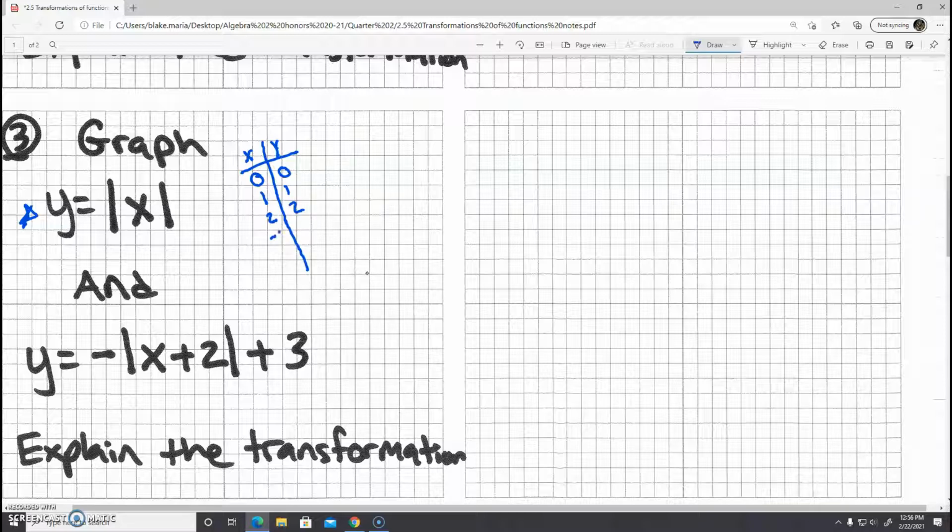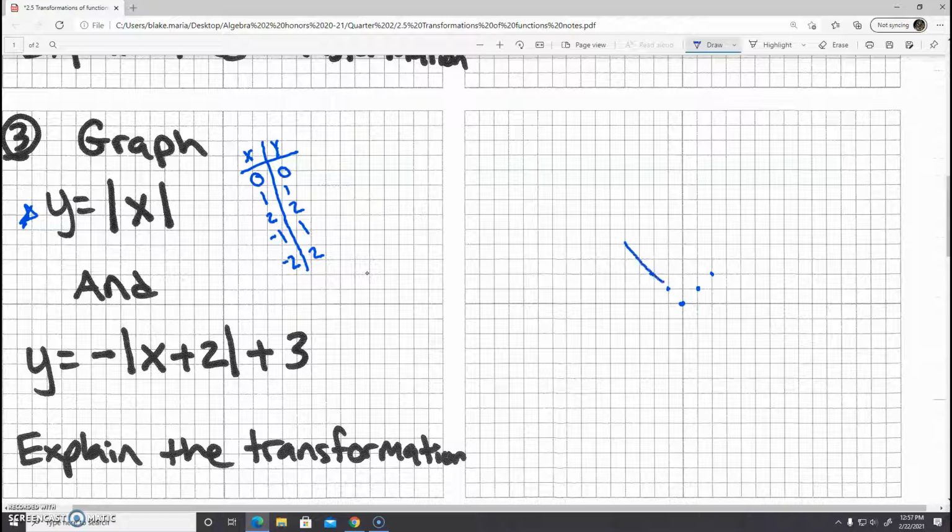Absolute value of -1 is +1. Remember absolute value means take the positive. It means distance from 0, but again, positive. Absolute value of -2 is 2. I feel like we're good to graph. So we got 0, 0, 1, 1, -1, 1, 2, 2.